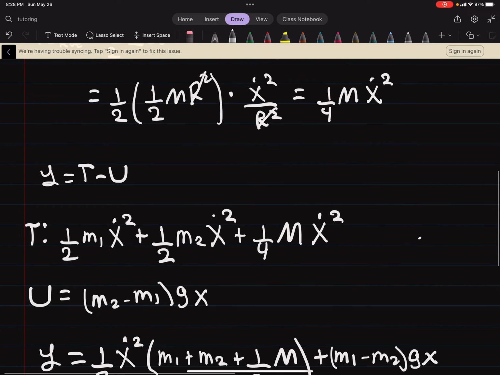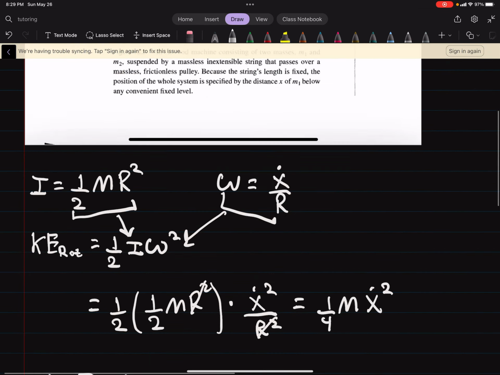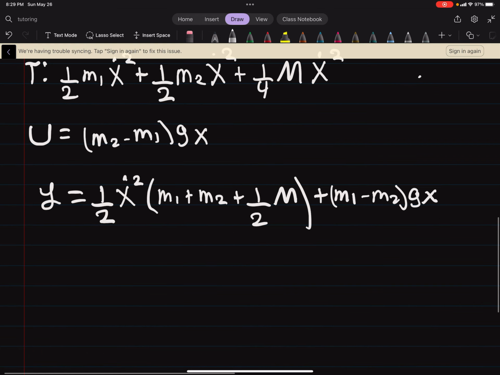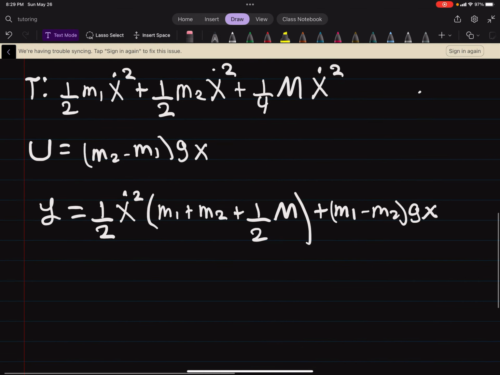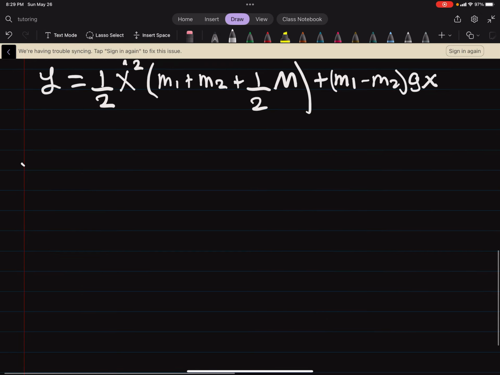so from here, they wanted us to find the Lagrangian, which we did, and now we want to find the generalized momentum. And the way that we find that is we take the derivative of our Lagrangian with respect to x dot.